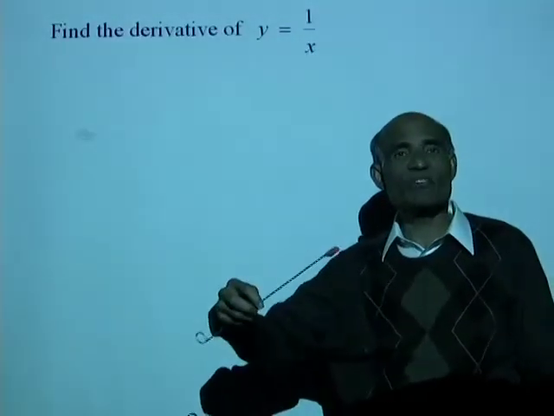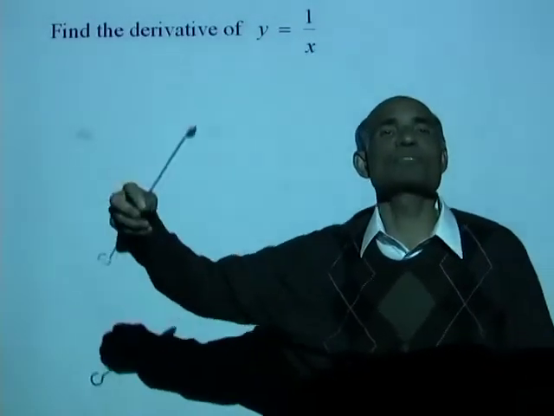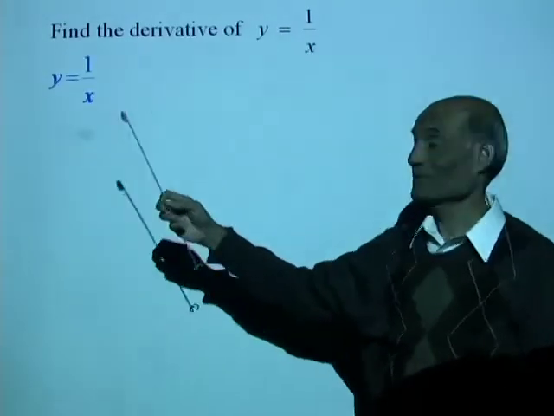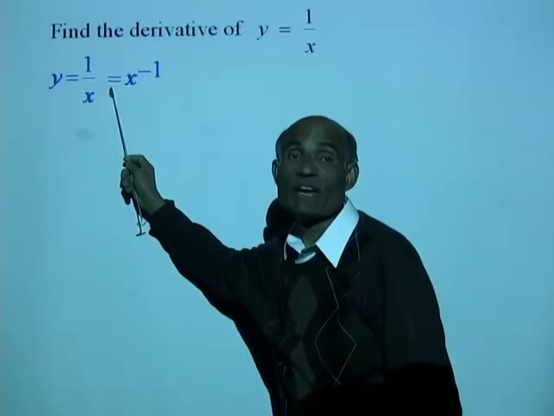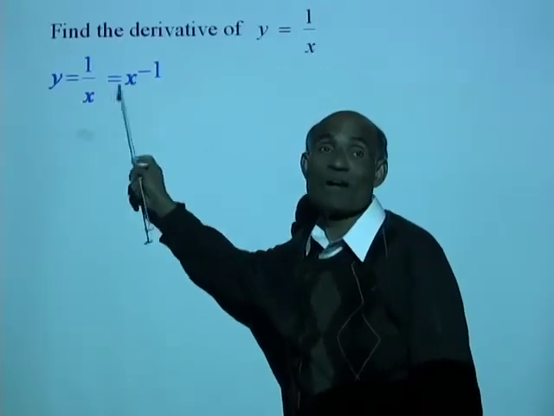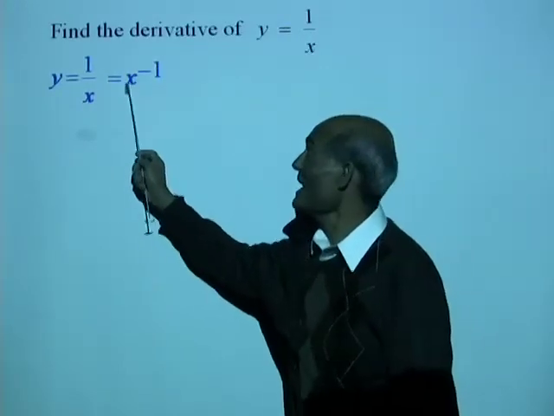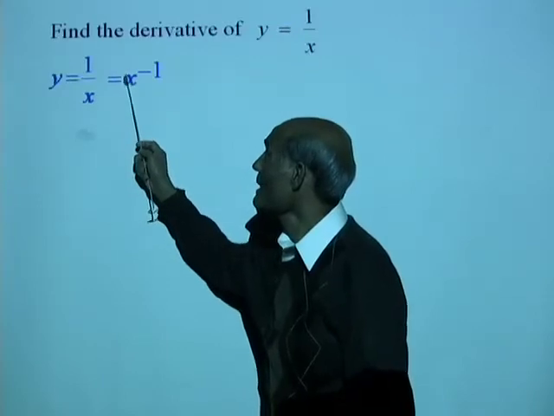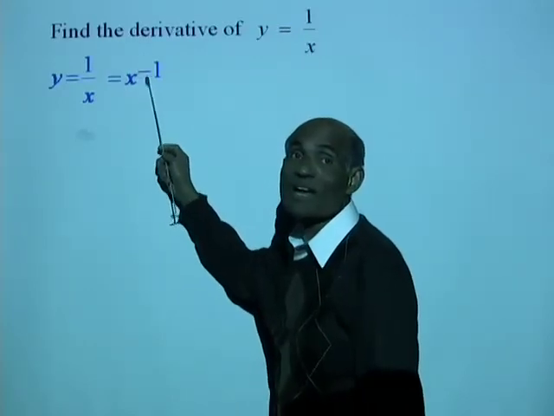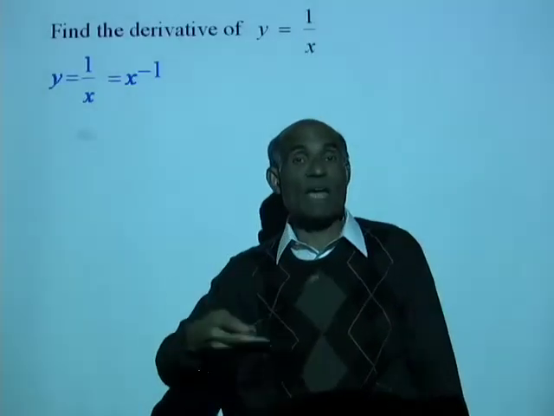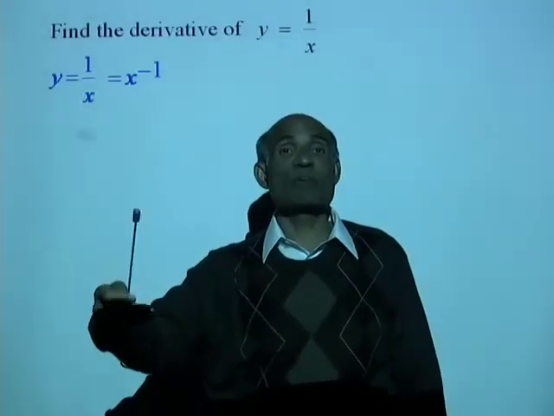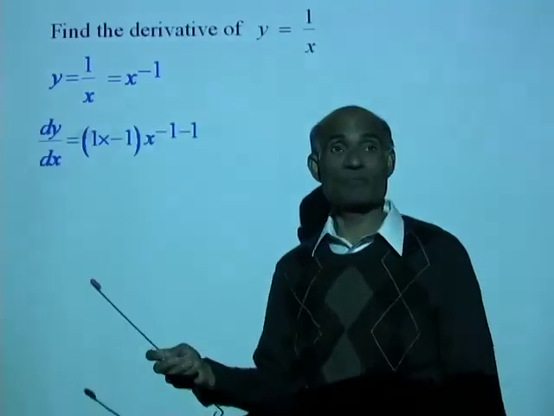What is 1 over x as x to the power of something? Well, y equal to 1 over x is the same as x to the power of negative 1. Is that right? And now your a equal to 1, n equal to negative 1, we can use the power rule as a n x to the power of n minus 1.